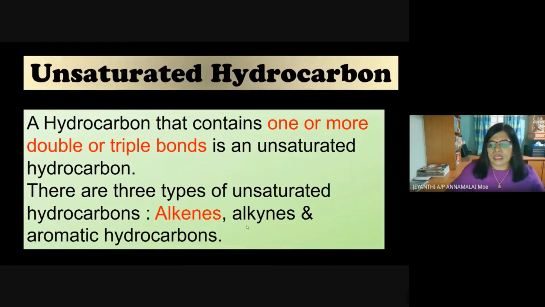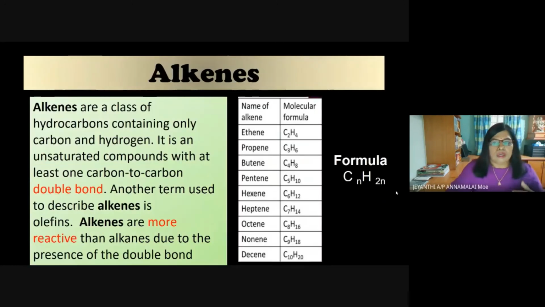The rest are not in our syllabus. We only concentrate on alkenes. Alkenes are a class of hydrocarbon containing only carbon and hydrogen, same as alkane. But it is an unsaturated compound with at least one carbon to carbon double bond.